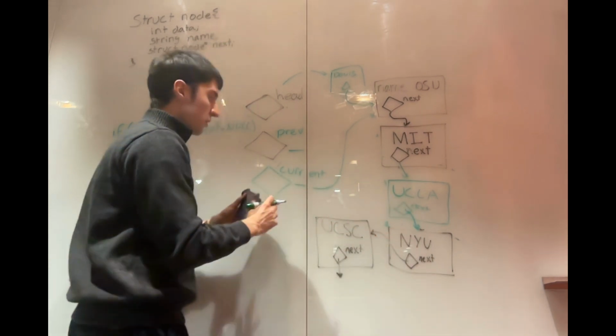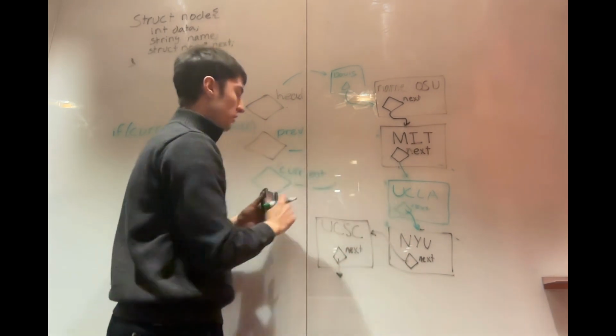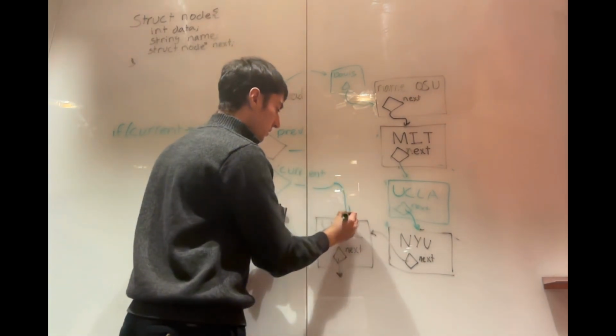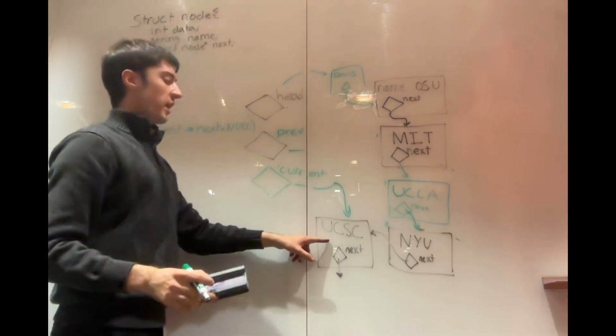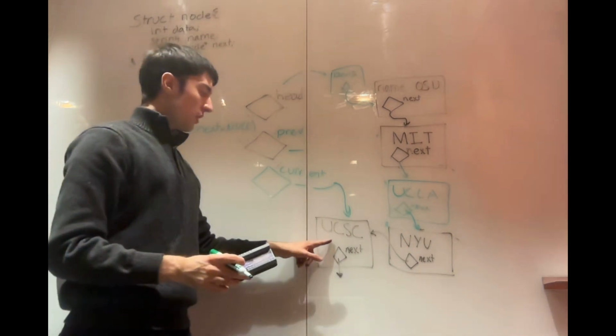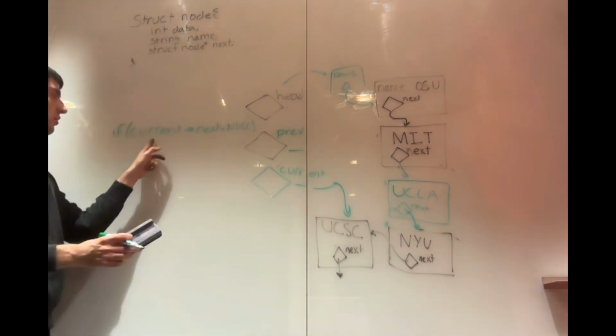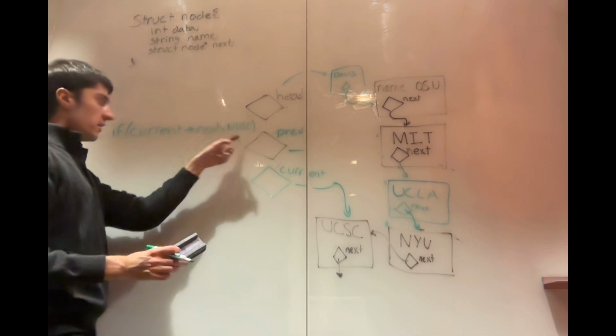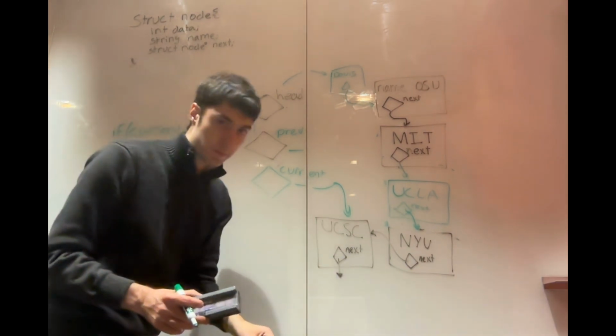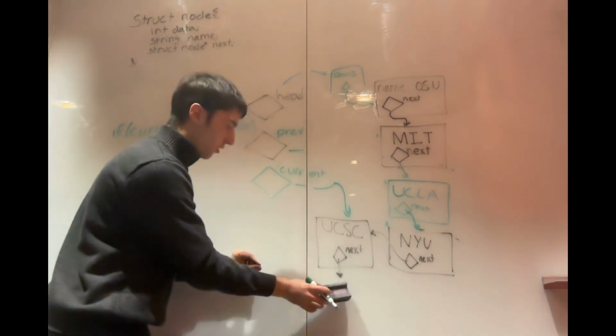Then once current is equal to UCSC, what's going to happen is it's going to come here, it's going to go to current, and access the next and say, oh, yep, it's equal to null, right there.